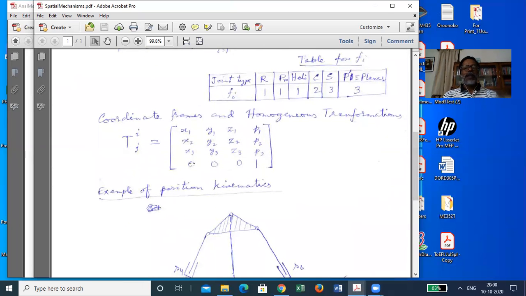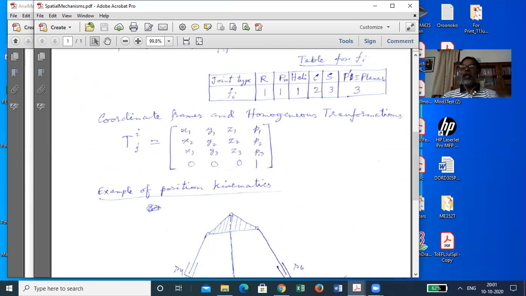So for every rigid body, we attach a frame of reference to that, and then say that frame of reference has a position and an orientation. Position is represented by the position vector of its origin in the fixed frame, which is here P1, P2, P3. That is the position vector.